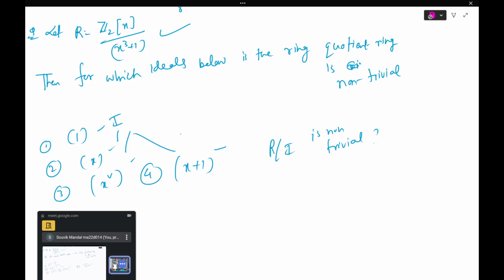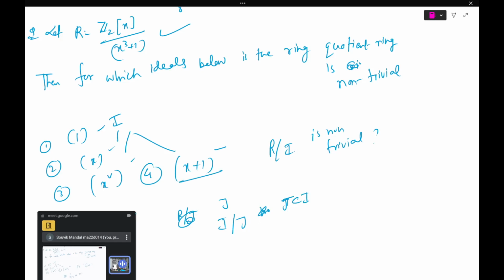Do you understand? So first of all, you need to understand R by I. For any ideal J, I by J makes sense only if J is contained in I, right?